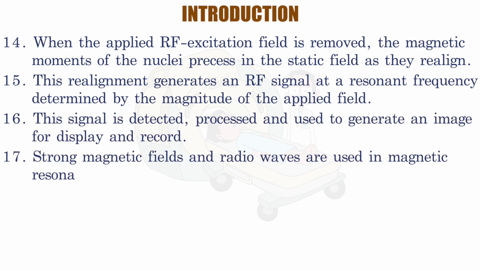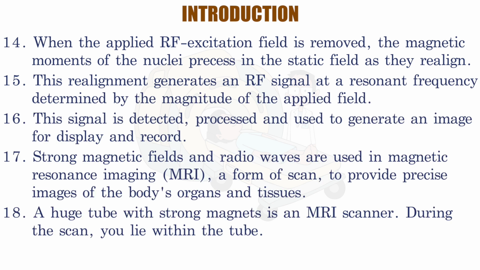When the applied RF excitation field is removed, the magnetic moments of the nuclei precess in the static field as they realign. This realignment generates an RF signal at a resonant frequency determined by the magnitude of the applied field. This signal is detected, processed, and used to generate an image for display and record.